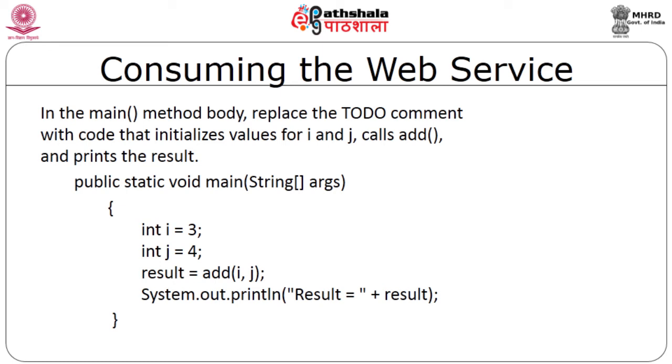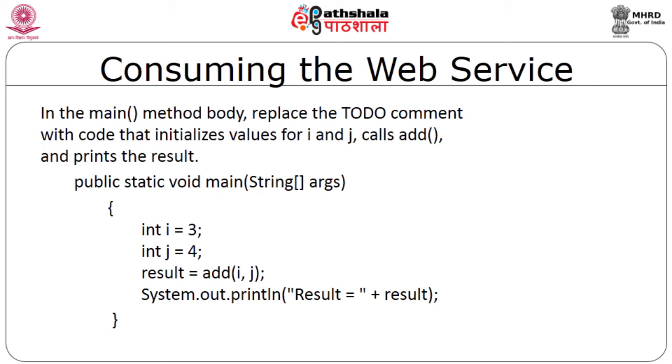Int i equal to 3, int j equal to 4, int result is equal to add of i comma j, system dot out dot println. When it goes to add of i comma j, this add of i comma j calls this particular add of int i comma int j. Again here this has been created as a service.